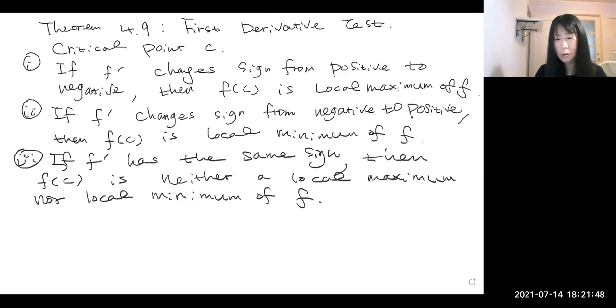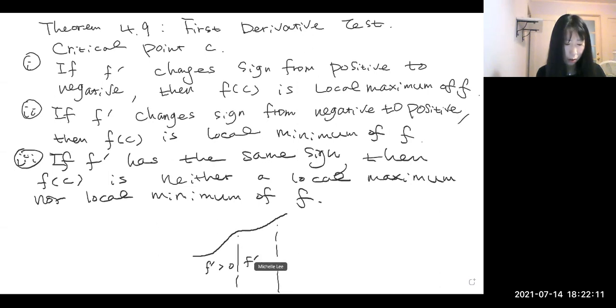So earlier, let me just draw a little bit here because I did not go over it. Like that, right? So we had this part is increasing, and then also this part is increasing. There is no sign change there, right?